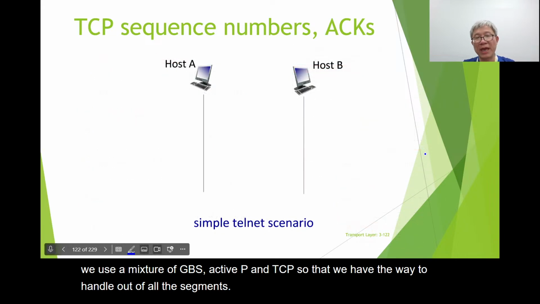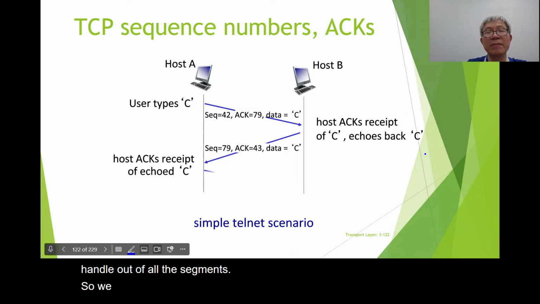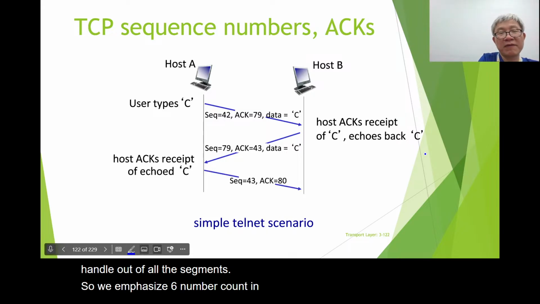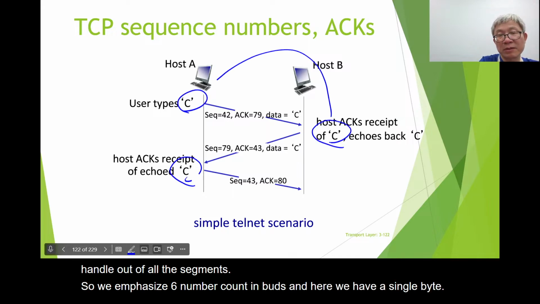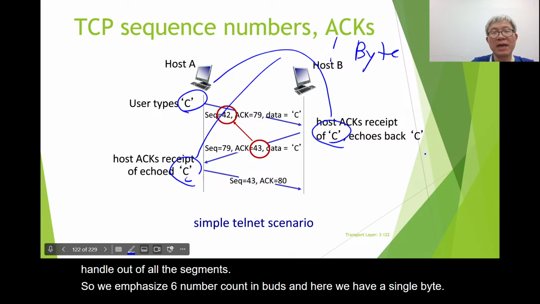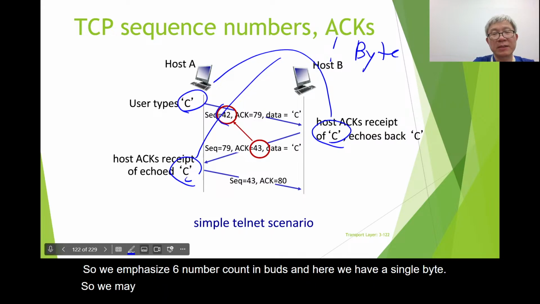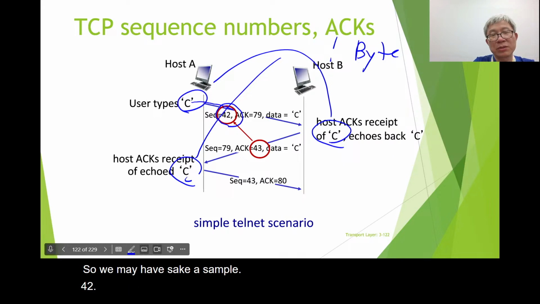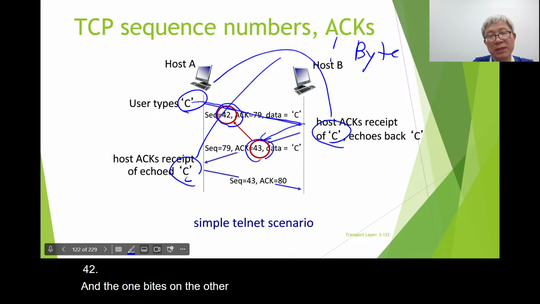Well, we emphasize that sequence numbers count in bytes. And here we have a single byte. So we may have sequence number 42 and 1 byte, so the next one is 43.